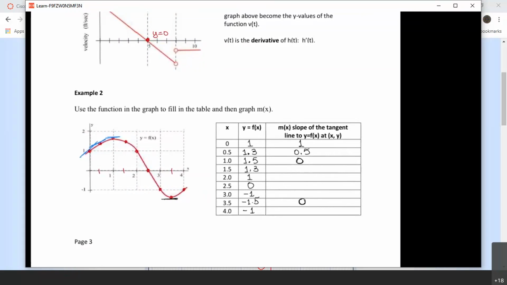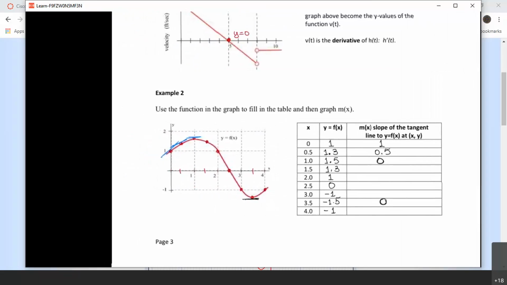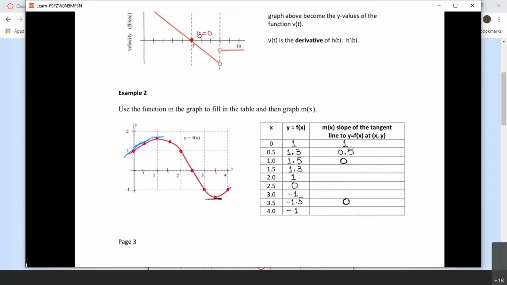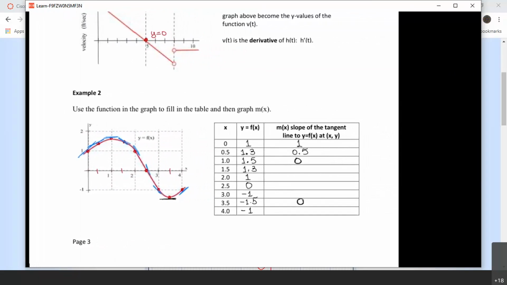And the slopes are fairly smooth. So I have positive slopes going up to that first one. Then I have negative slopes, shallow ones, then steep ones, then even steeper ones. Then they get shallow again. So I'm kind of approximating here.